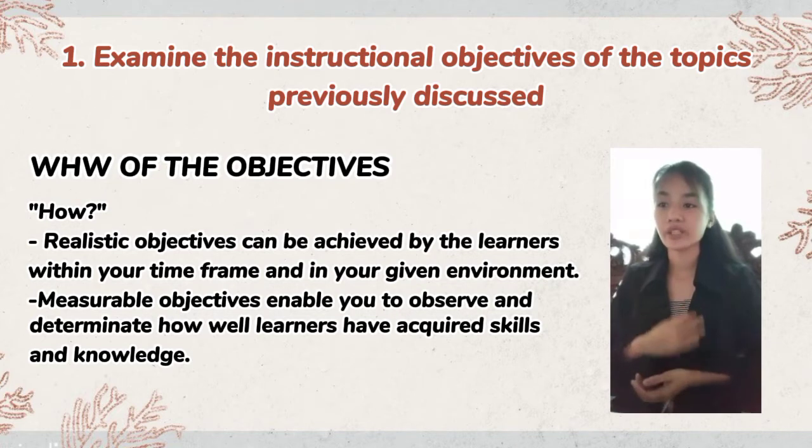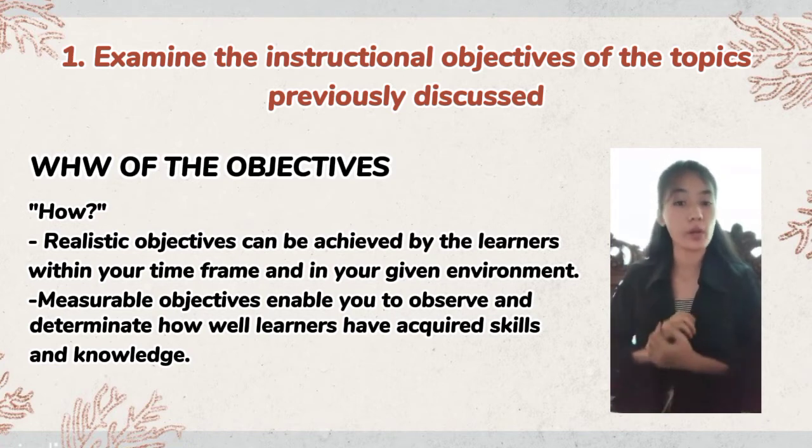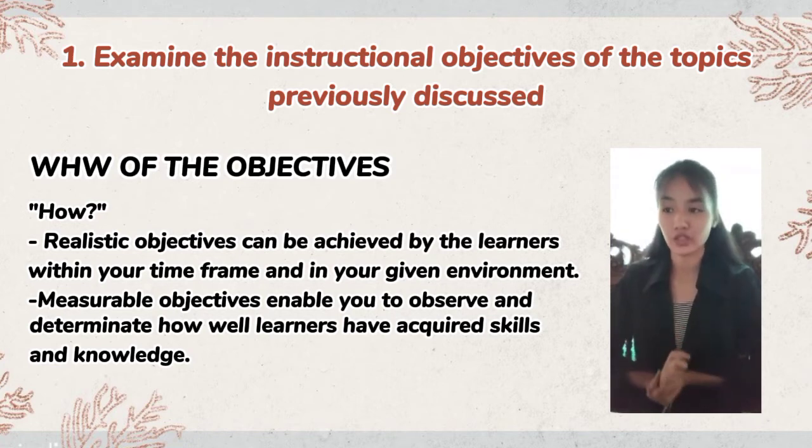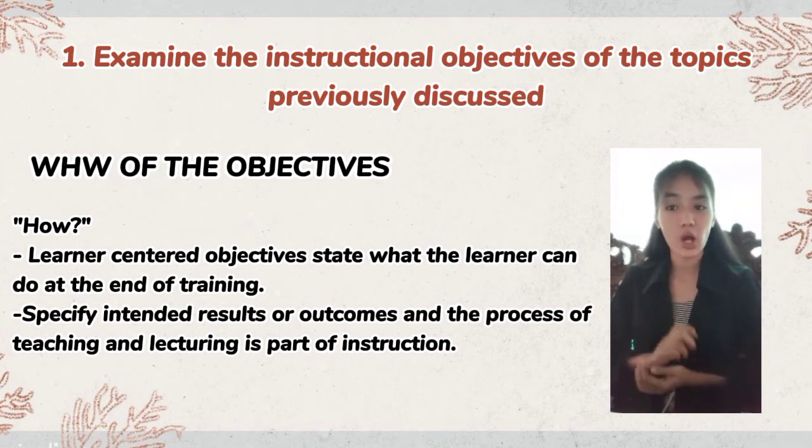Next, measurable objectives enable you to observe and determine how well learners have acquired skills and knowledge. Third, learner-centered objectives state what the learner can do at the end of training. They always start with action verbs.